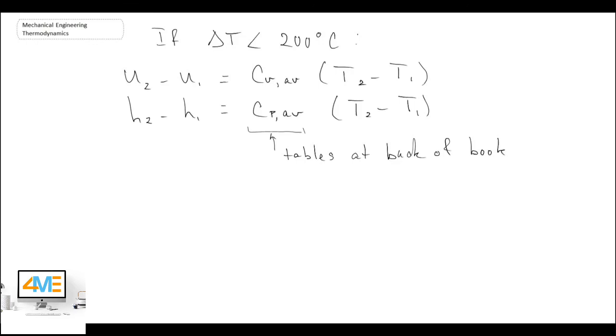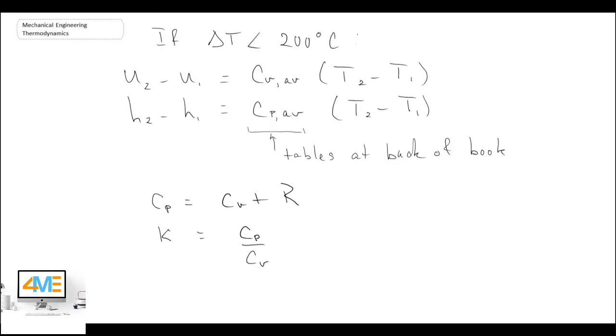A final comment that I want to make about the specific heats is a relationship with the ideal gas constant. So we can write Cp is equal to Cv plus R, your ideal gas constant. And another thing is the ratio of specific heats. These are things that we will use throughout this course, especially the ratio of specific heats when we're looking at different processes.